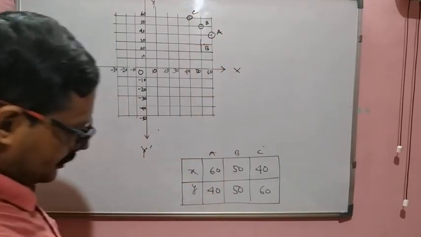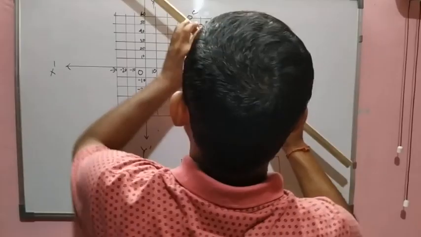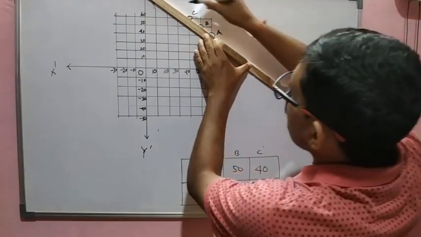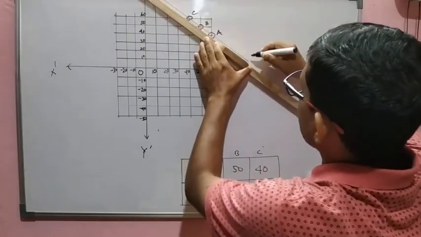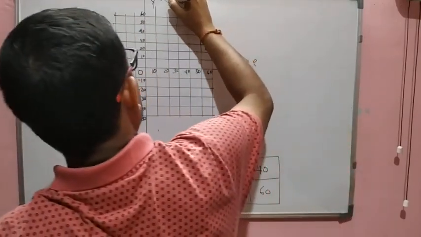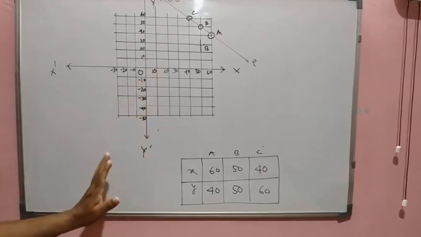These are the three points. Then try to draw the graph of this equation. Definitely all these points will be collinear. So this will be the graph. PQ is the graph. So this is the required graph.